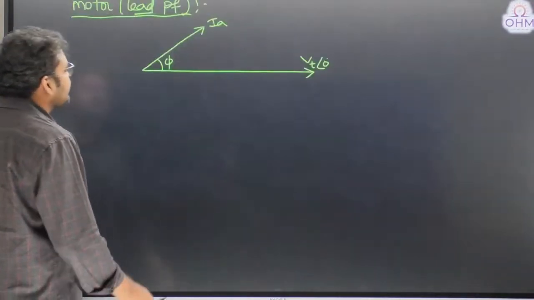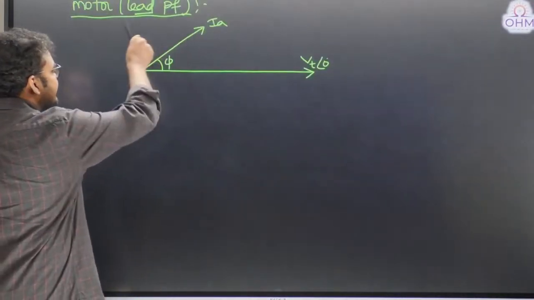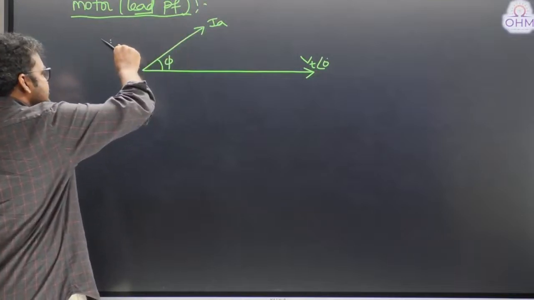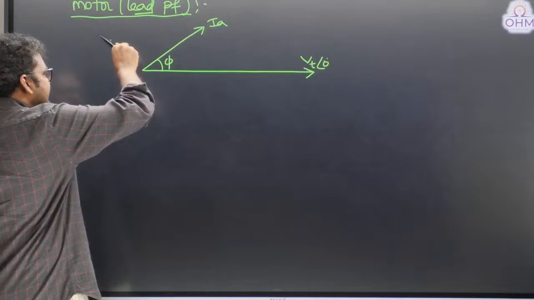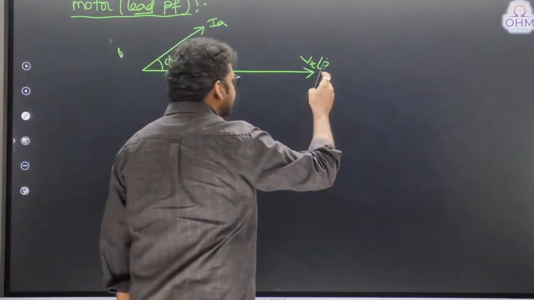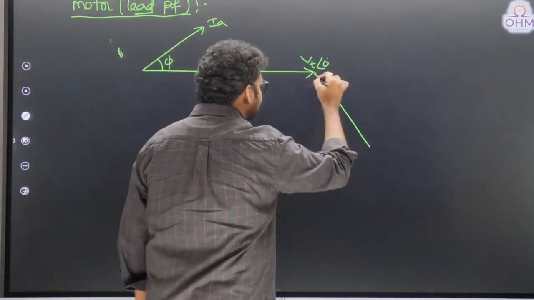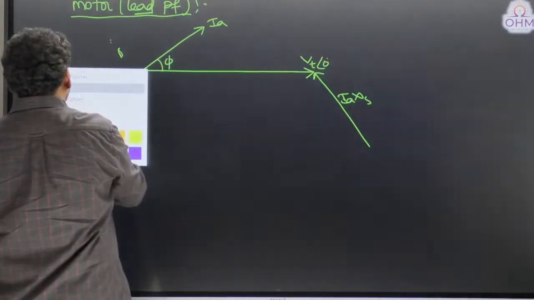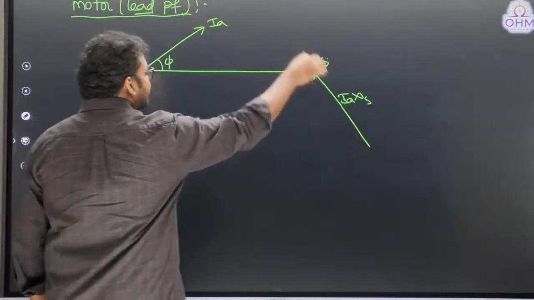If it is inductive reactance, can I say the voltage will lead the current by 90 degrees? This is current, guys. IaXs should lead this current by 90 degrees, and draw that IaXs below this Vt. This is IaXs. Why am I drawing it below Vt rather than above Vt?